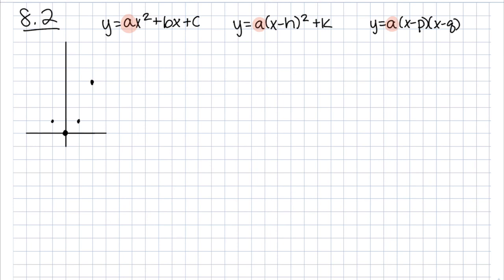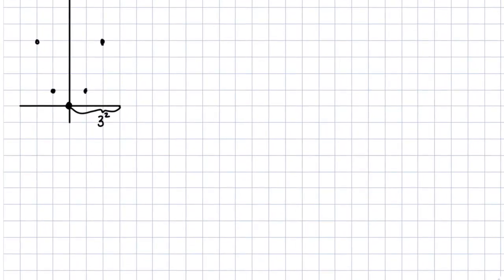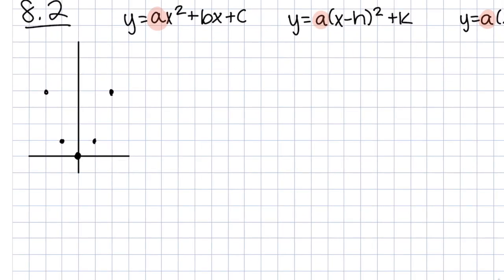So we can also go left 1, up 1, and left 2, up 4. If we went 3 wide, then 3 squared is 9, so that would go all the way up top. I'm going to run out of space on this graph, but know that the third one would go up to 9. So I'm going to draw my graph like this. Okay, so this is our parent function. All functions come from this function.